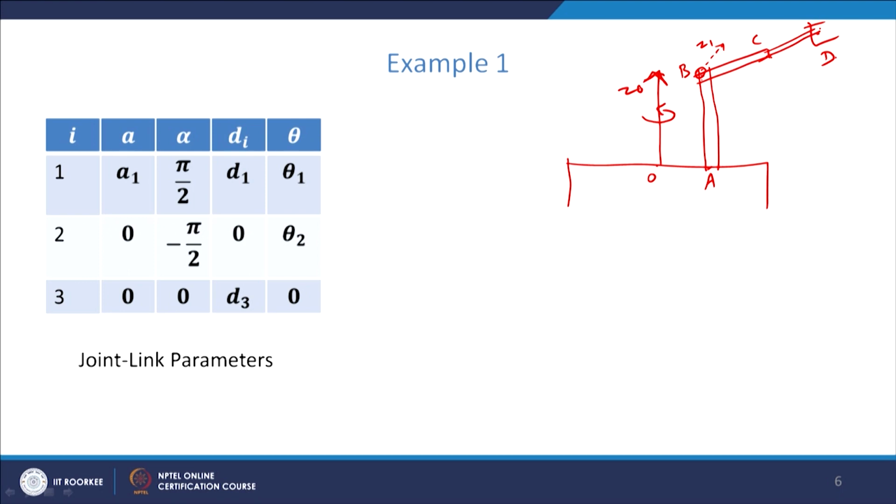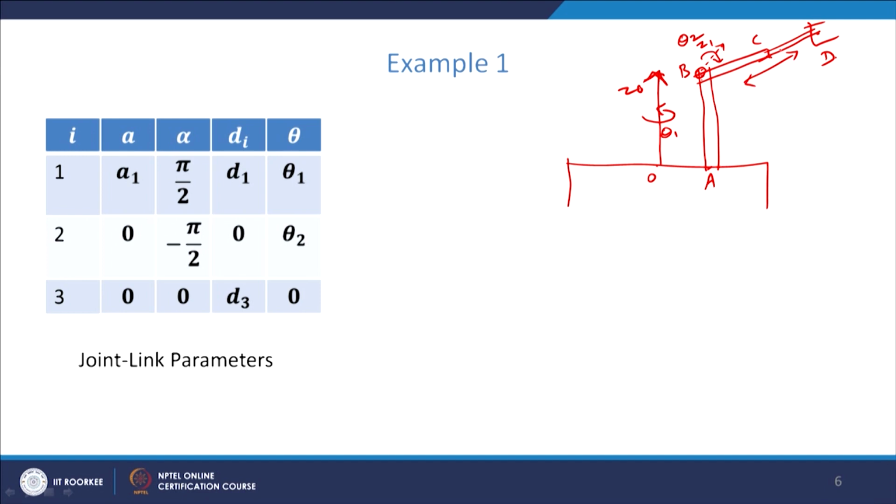So, we assume that there is a rotation about the Z0 axis. So, that angle we call it as theta 1, and there is a rotation about the Z1 axis. So, that we call it as theta 2, and the joint C will move forward and backward, that is a prismatic joint.